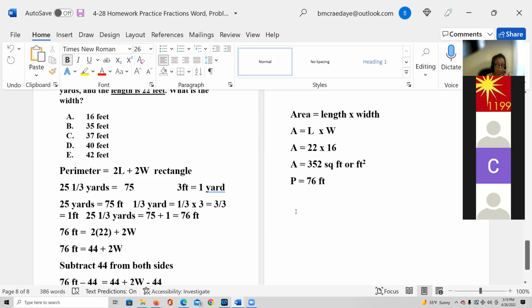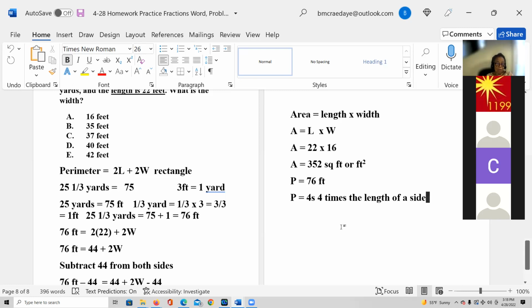Now, if it were a square, let's go to a square because it's a different formula. The perimeter of a square, P, is equal to 4S. In other words, that's 4 times the length of a side.